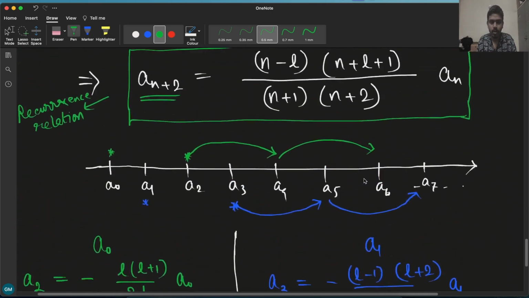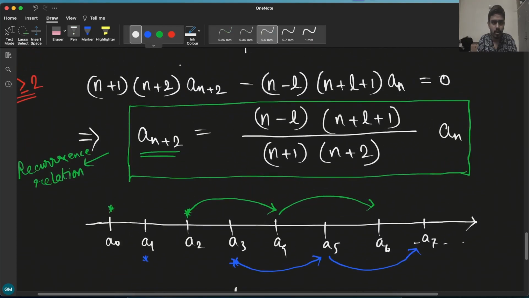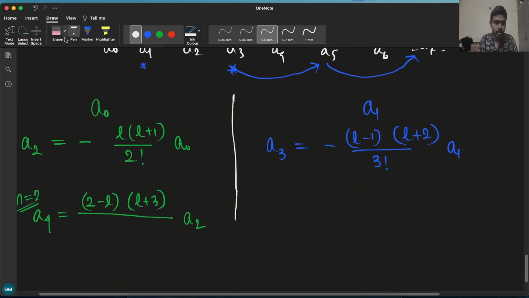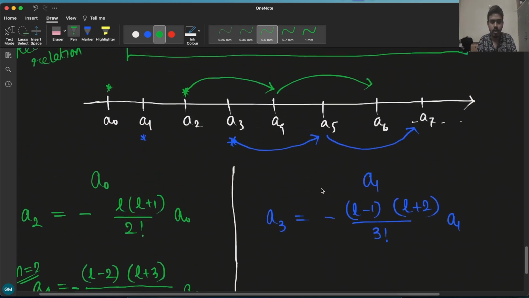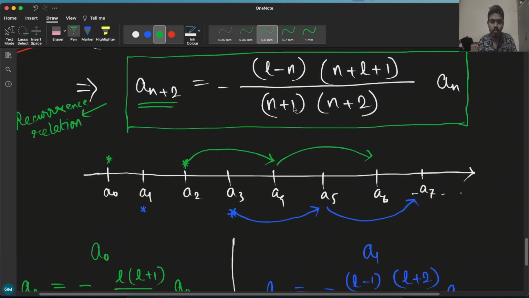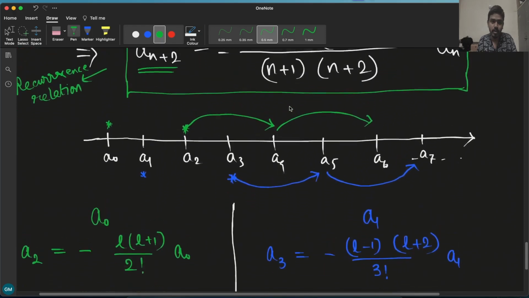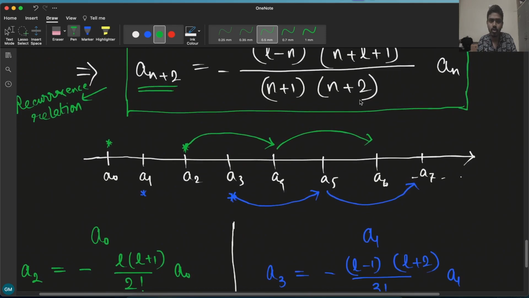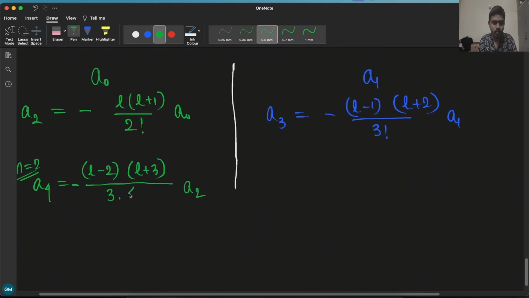One thing, let me write it as L minus n instead of n minus L, and take the minus sign outside. So in that case this term is L minus 2 and here is a minus sign. And in the denominator we have n plus 1, which is 2 plus 1, that is 3, times 4.